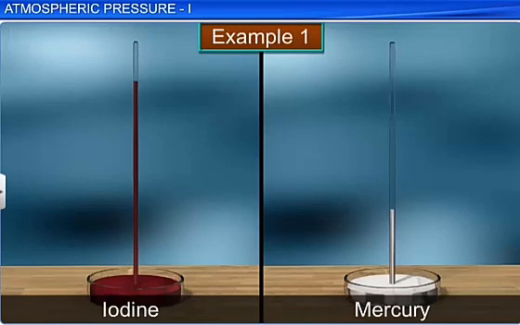Example 1. Instead of mercury, if iodine of density 4,920 kg per cubic meter is used in a barometer, then what will be the length of the iodine column if the atmospheric pressure is 76 centimeter of mercury?